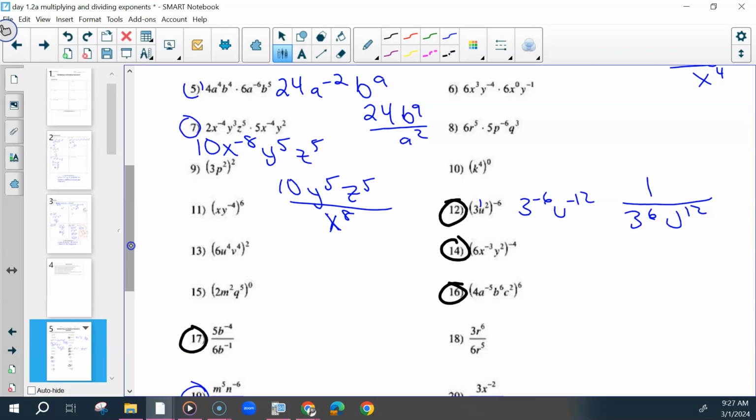What is 3 to the 6? Someone do that. So that would be 1 over 729 u to the 12.